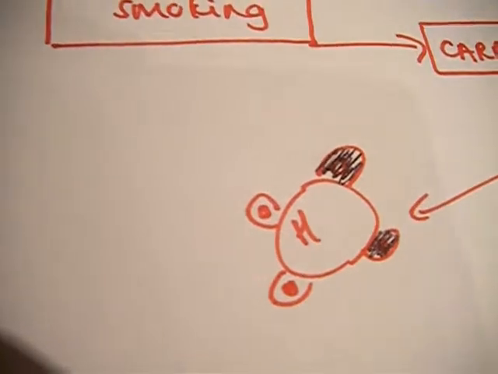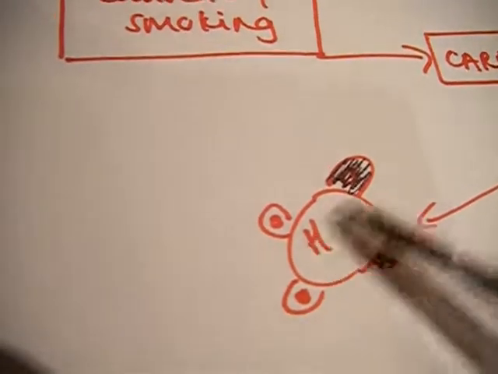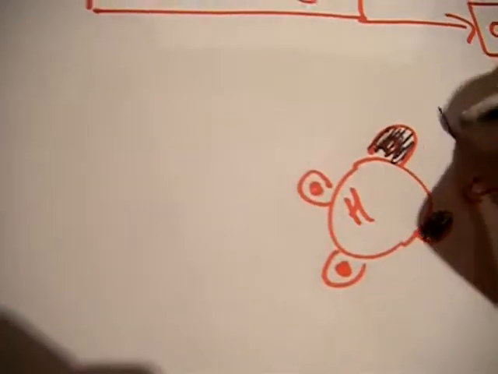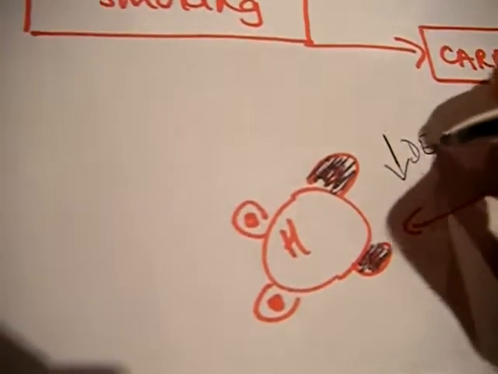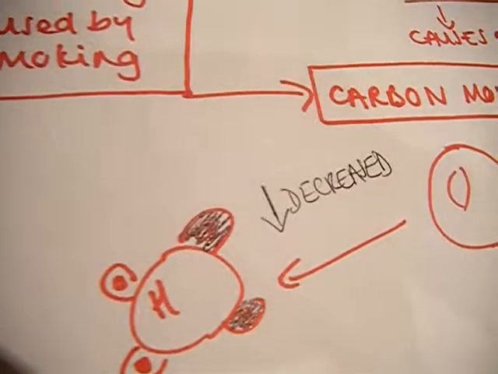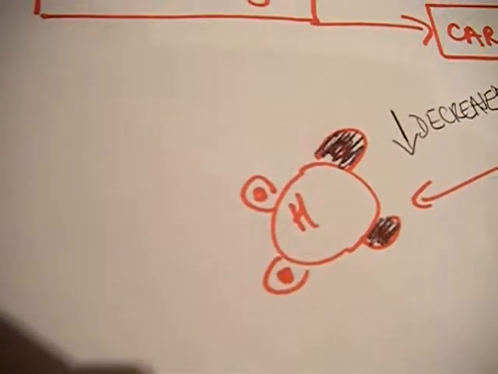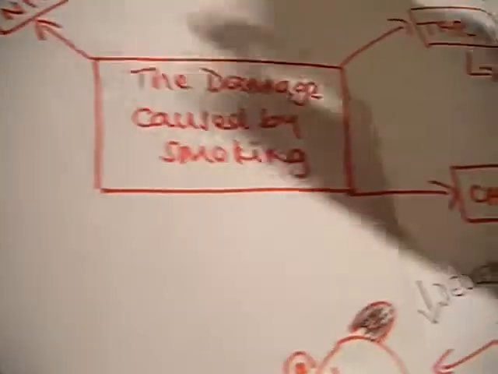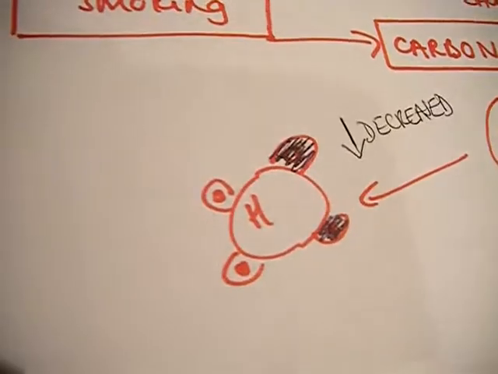So now, the ability of the hemoglobin to carry this oxygen has been decreased. It can't carry as much oxygen as it was doing before because of the carbon monoxide. So as a result, you can't get as much oxygen around your body.